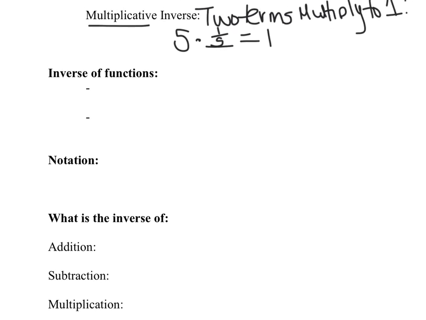So the inverse of a function, it's more complicated, obviously, than the additive and the multiplicative because functions can be very complex. They can be crazy graphs. Okay, so doing an inverse of them can be a bit more complex. So we have a process to follow. So inverses of functions is simply a reflection through the line y equals x.